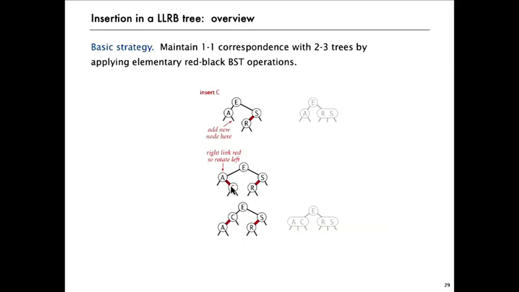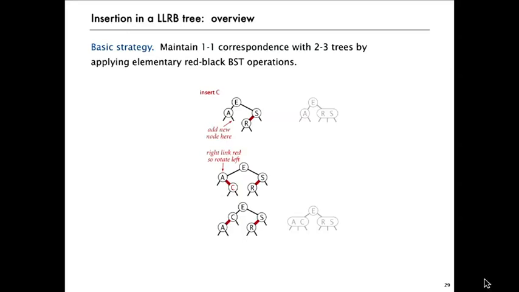In this case, it's a 3 node that's oriented the wrong way, so we need to do a left rotate. After we do the left rotate, we have a legal left-leaning red-black tree, and it exactly corresponds to that 2-3 tree. So the insertion of C gives us exactly what we'd want, the correspondence with the 2-3 tree.